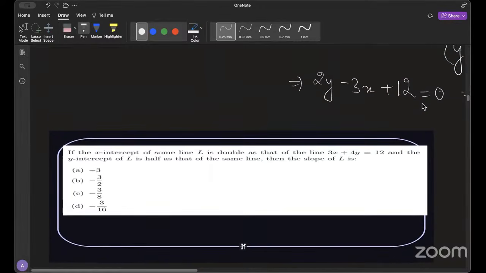If there's no doubt so far till this question, then let's do this one.